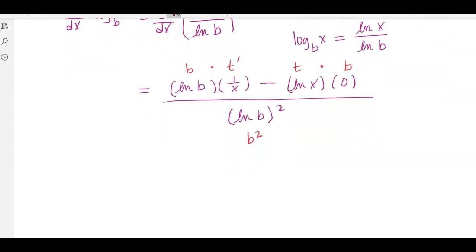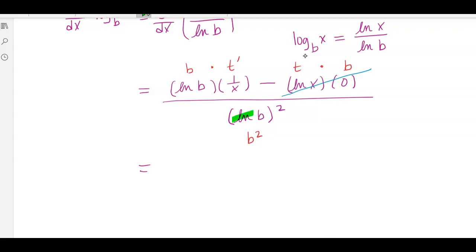Okay, so let's simplify this. I have 1 over x. I guess I'll just write it the way that it is here. Natural log, well, let's see. This is all going to go away. This is 0.